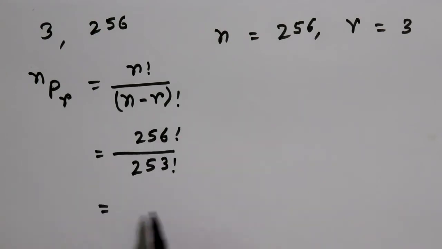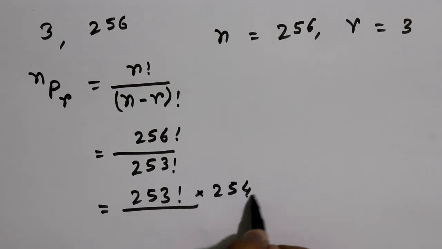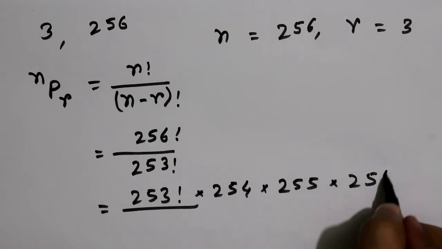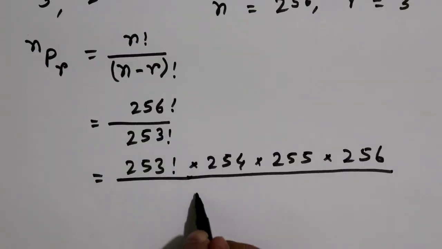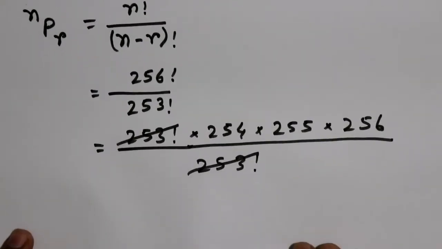Okay, now we can write it as 253 factorial multiplied by 254 multiplied by 255 multiplied by 256, and below it is 253 factorial. The 253 factorial gets cancelled out.